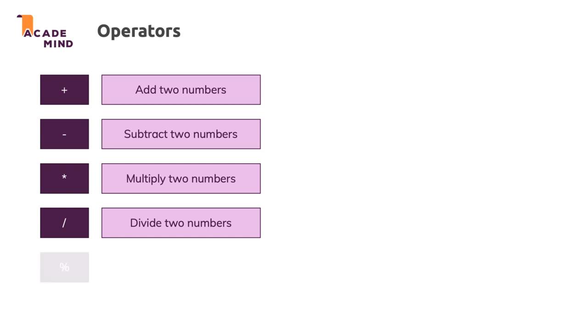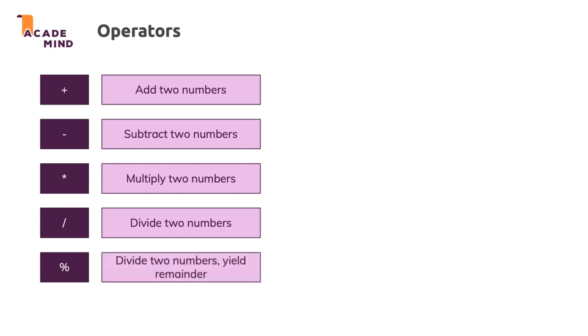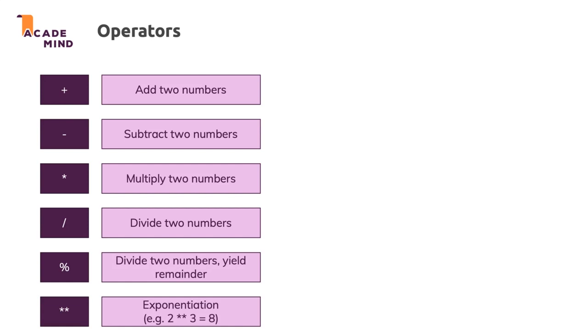There also is a modulus operator, the percentage sign, which divides two numbers but doesn't return the result of the division, but the remainder, so the part that remains if a clean division without a decimal value as a result isn't possible. And there also is the exponentiation operator, which allows you to, well, use exponentiation on a number.